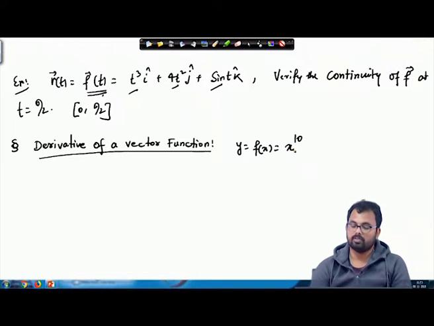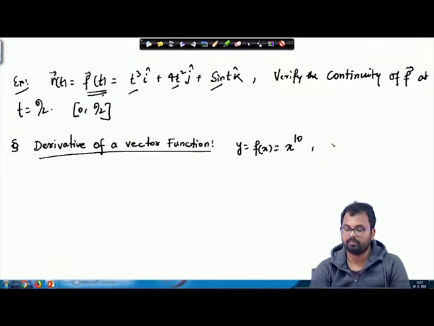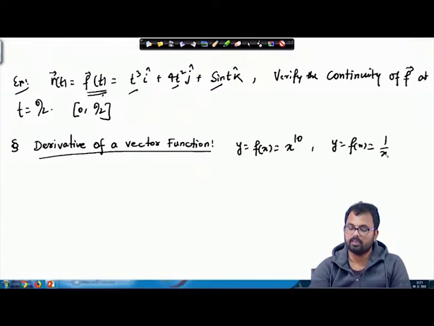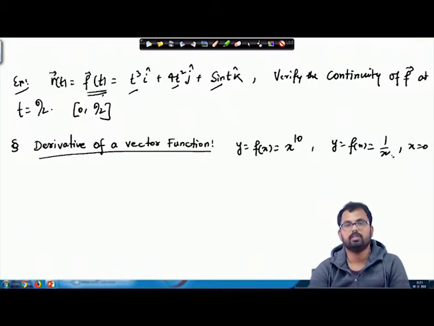However, if we had a function like y equals f x equals 1 by x, and suppose you want to check its differentiability at x equals 0, then of course it is not differentiable at x equals 0, mainly because it is also not continuous at x equals 0. Similarly, we can have similar situations in case of vector functions.